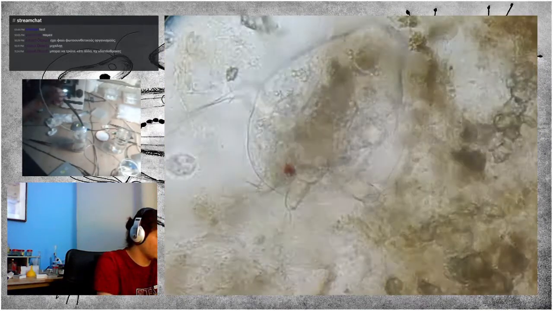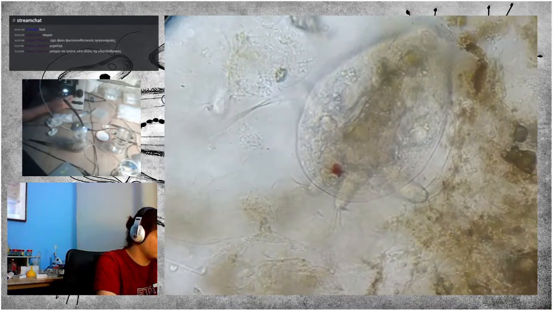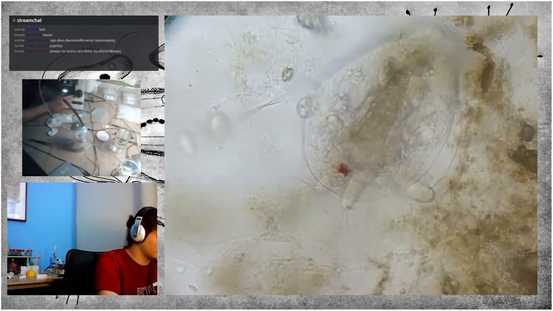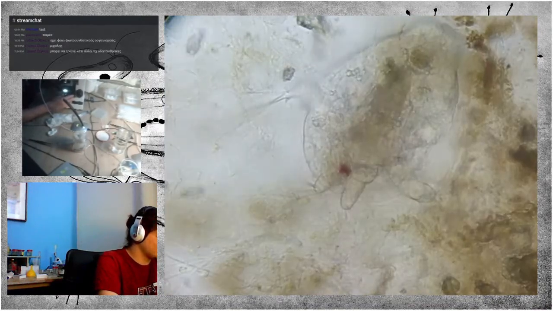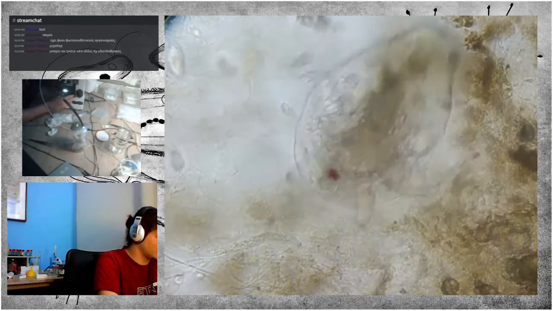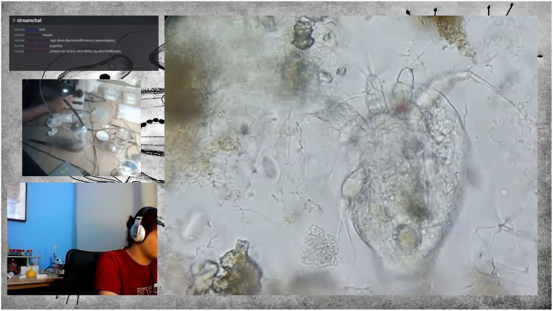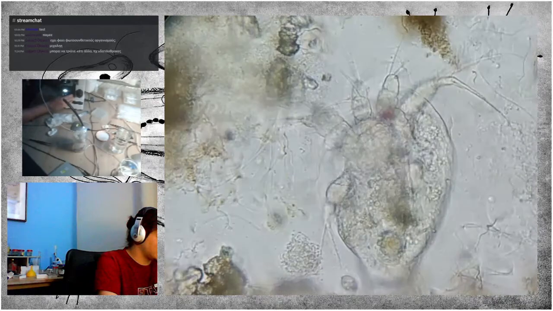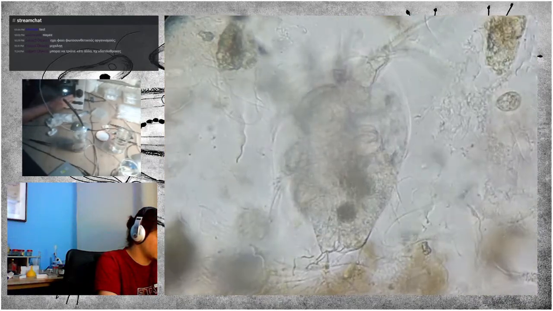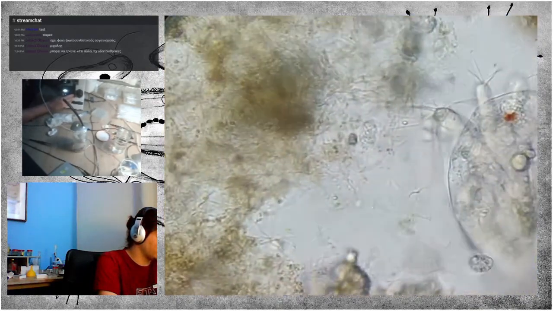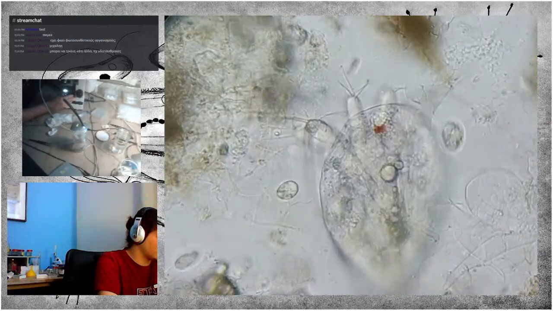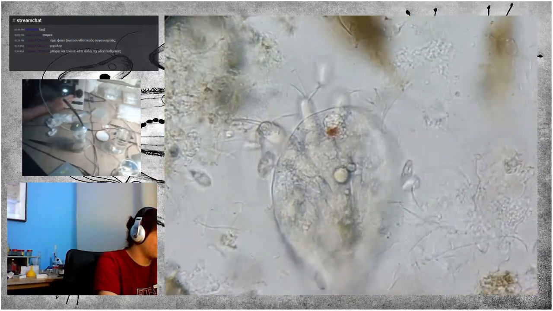I think this is an alive larva. Let me open the condenser a bit. Yes, it is an alive larva, and I think it's stuck in the biofilm. Here you can see the proper place for the eye spot.